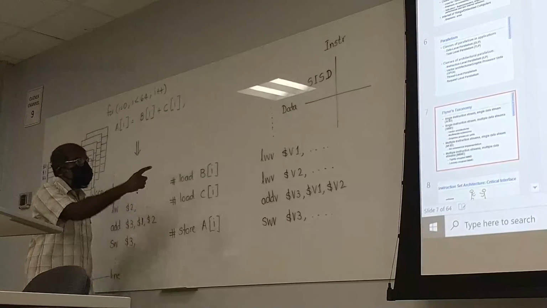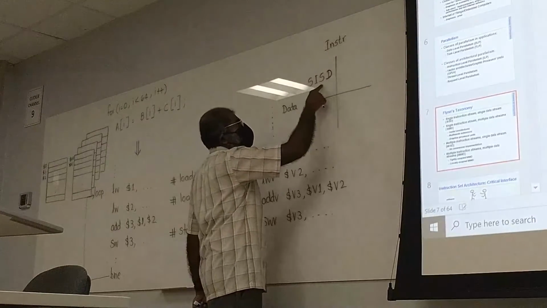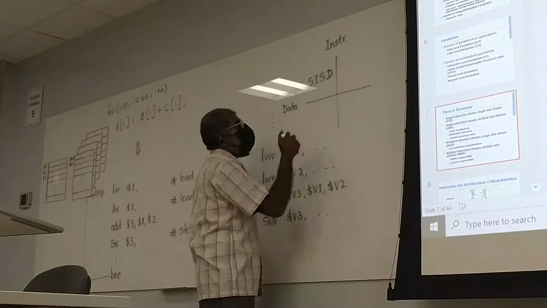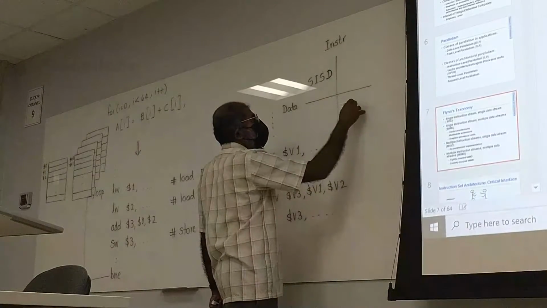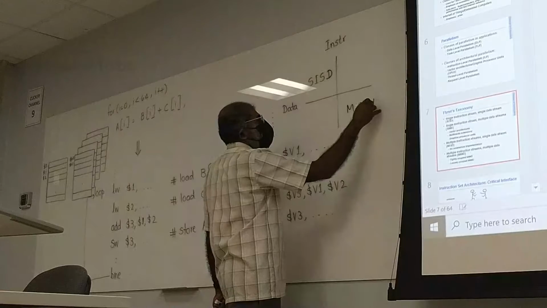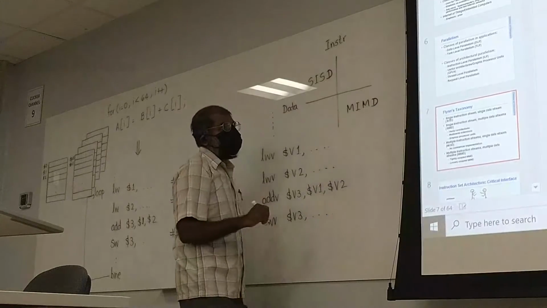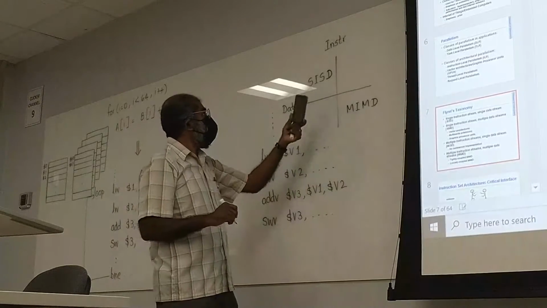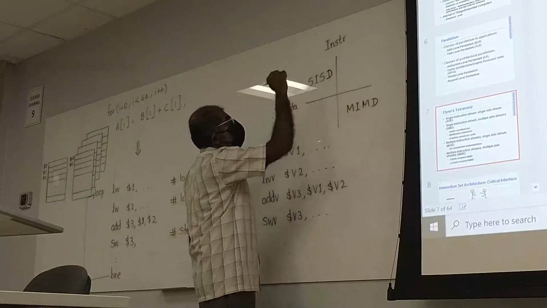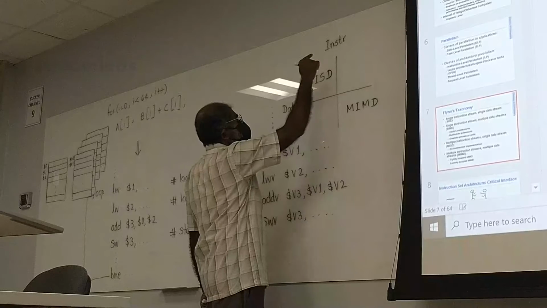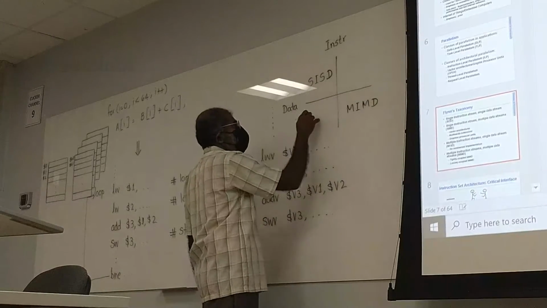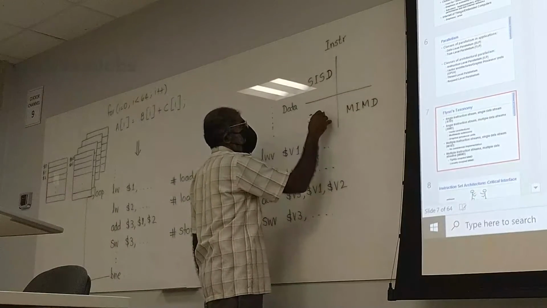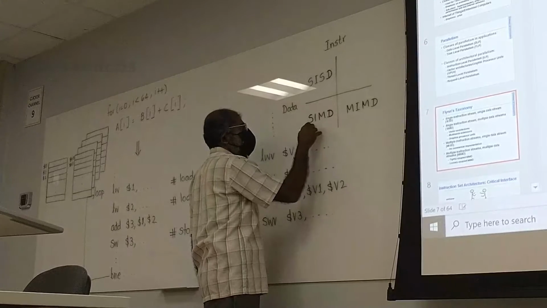Okay, so that's this one. Then multiple instructions operating on multiple data, that is thread level parallelism. And single instruction operating on multiple data, this is vector.